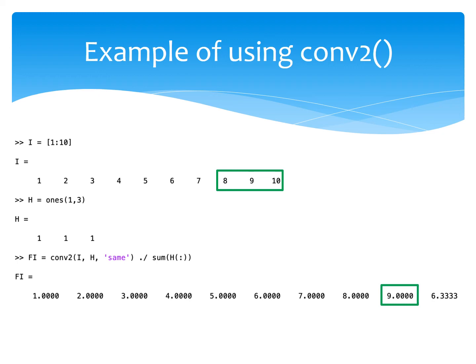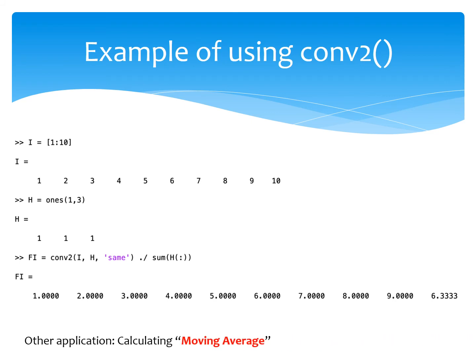This will result in an uncovered element. So therefore, we need to pad 0 on the right. So once we calculate the average of 9, 10, and 0, we get 6.3333. This method is called the moving average technique, which is commonly used by finance people to calculate the average stock value.